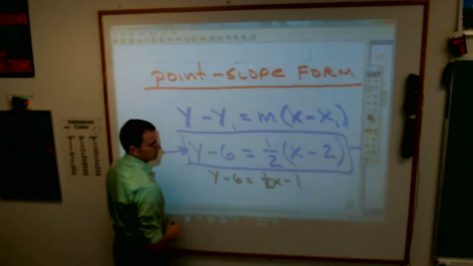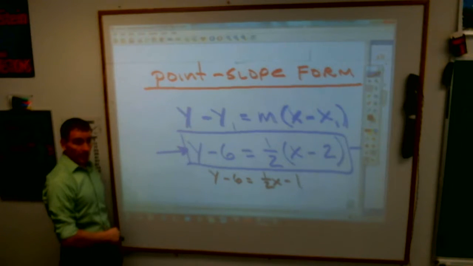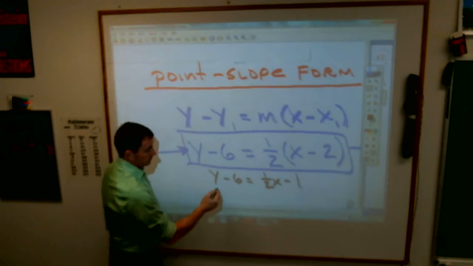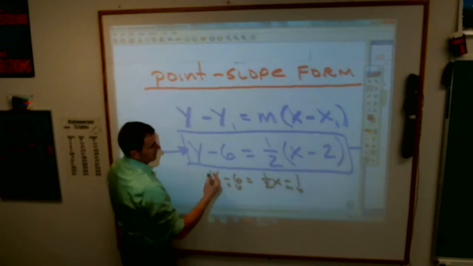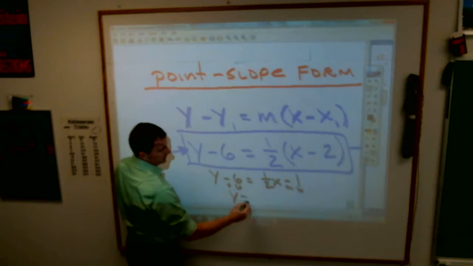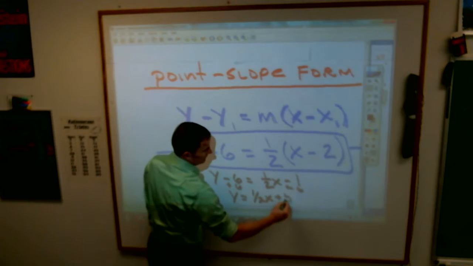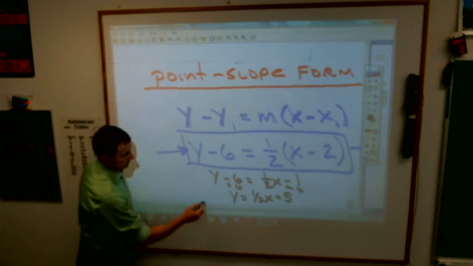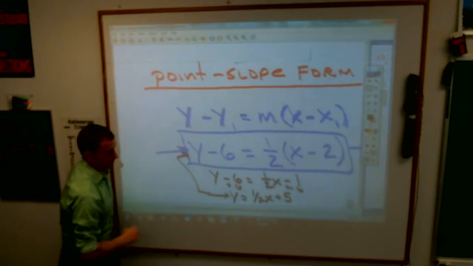Half of 2 is 1. How would I solve that then for y? Just add 6 to this side, add 6 to that side. So this equation in slope-intercept form is y equals 1/2 x plus 5. That is this equation in the same thing.